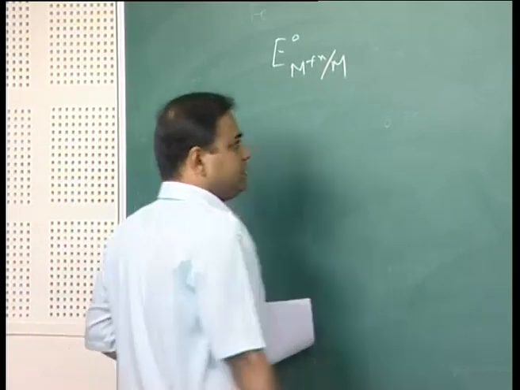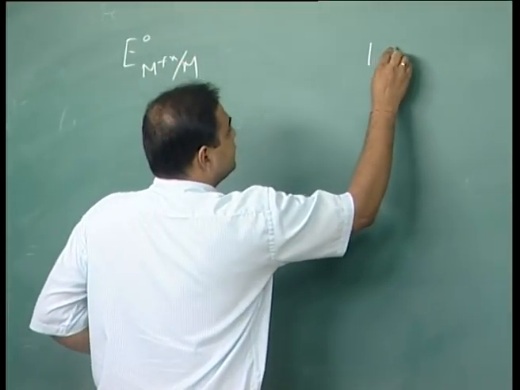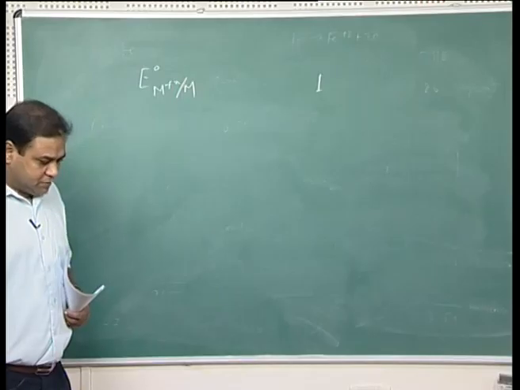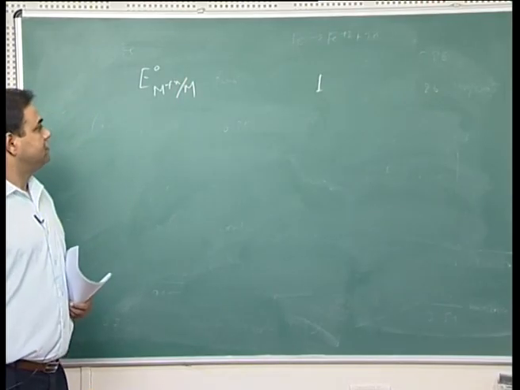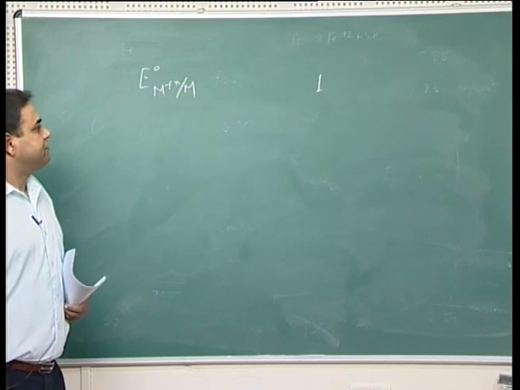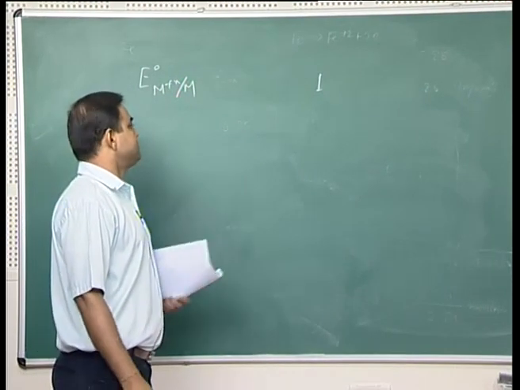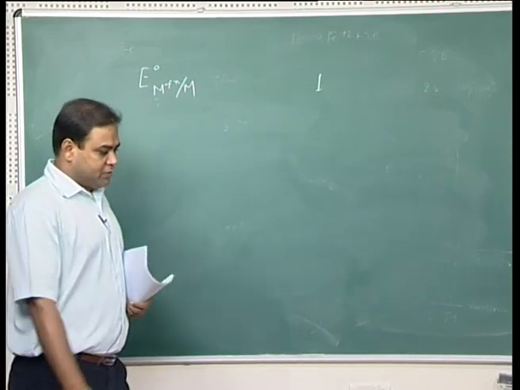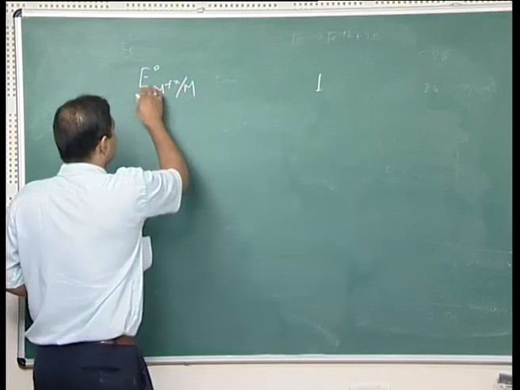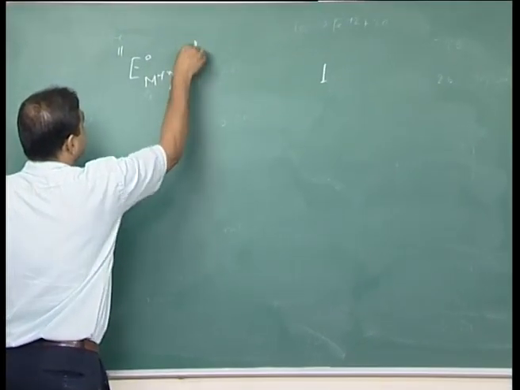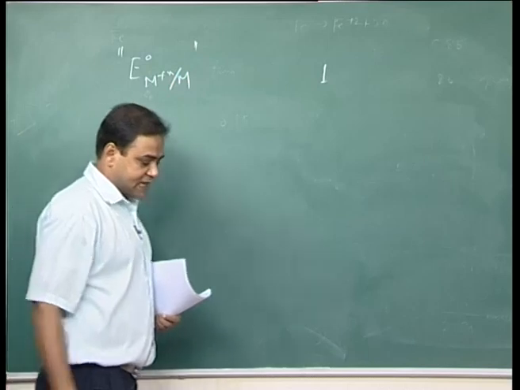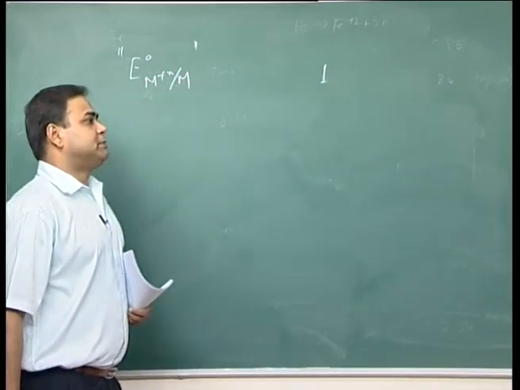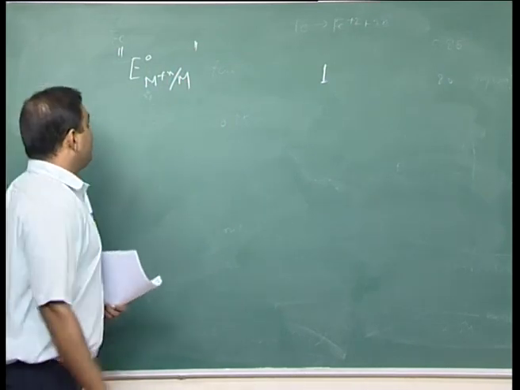It means that if your concentration is unit activity, temperature is 25 degrees Celsius, and pressure is 1 atmosphere, then if you measure the reduction potential, the value which comes out would be termed as E0, which is standard reduction potential for that particular metal or element.